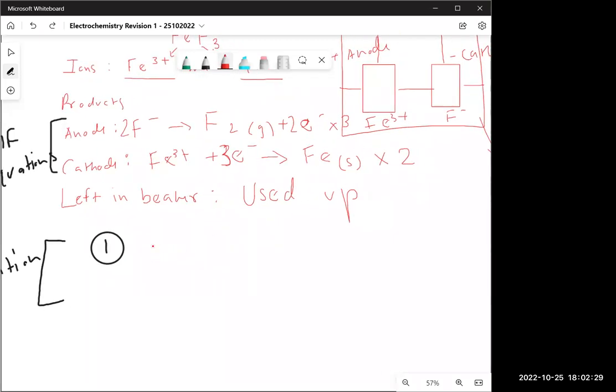We'll get this equation. So 3 will become 6 F minus, which gives us 3 F2 gas plus 6 electrons. Now the next one, it will be 2 Fe3 plus, plus 6 electrons, which gives us 2 Fe.